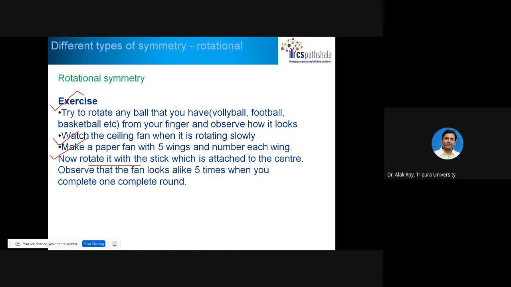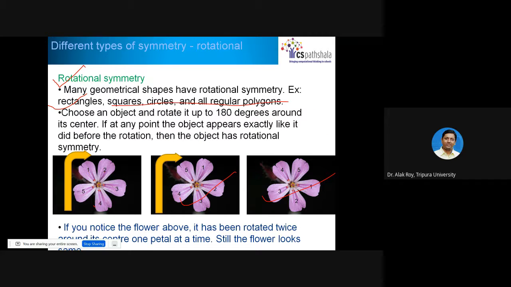Rotate it with the stick attached to the center and observe that the fan looks the same 5 times in one complete round. These are just suggestions of exercises. You can prepare your own exercises to teach them what rotational symmetry is. Just remember that whenever you rotate a picture or thing, it will look similar. So this is rotational symmetry.